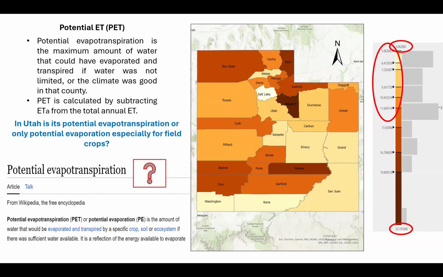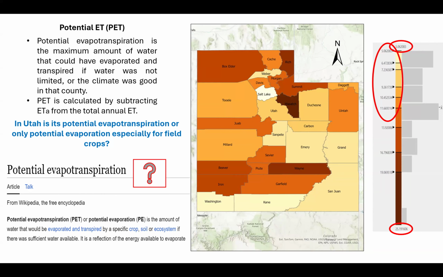Based on that, we subtracted the actual evapotranspiration from the total evapotranspiration which we calculated earlier and got the potential evapotranspiration. Most of the counties fall in the range of 5 to 10 inches of evapotranspiration, which could be used if it was not limited.